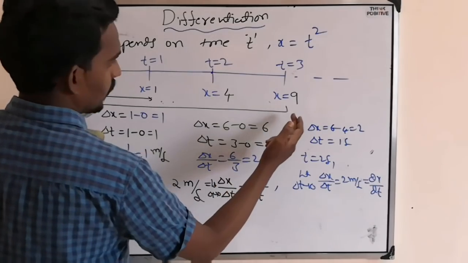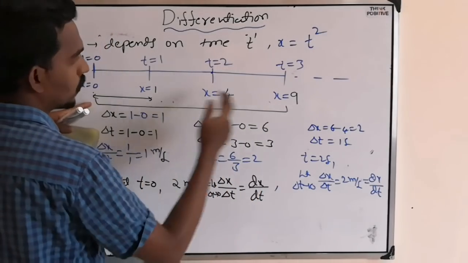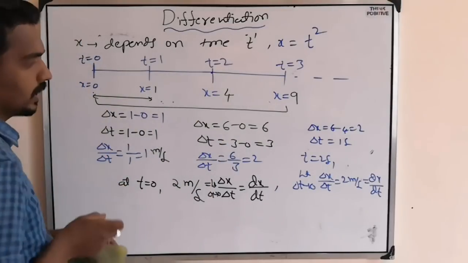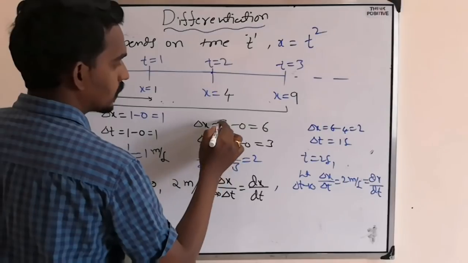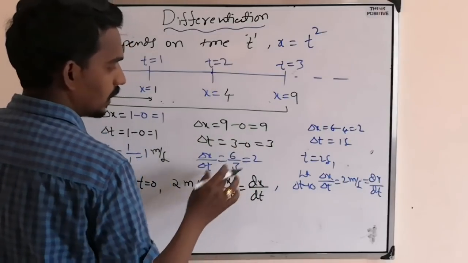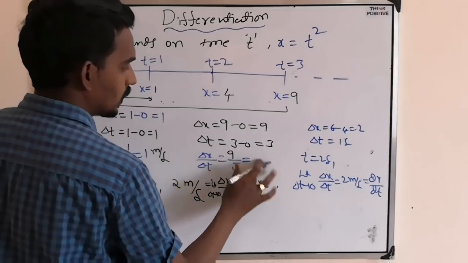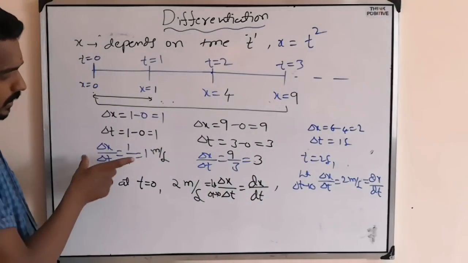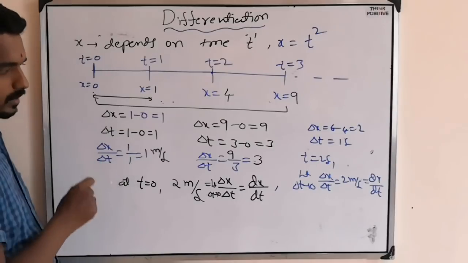Now you take this average from 0 to 3 seconds. So final is 9, initially 0. So here comes 9 by 3. Now 9 by 3, how much? 3. See, here it is average.